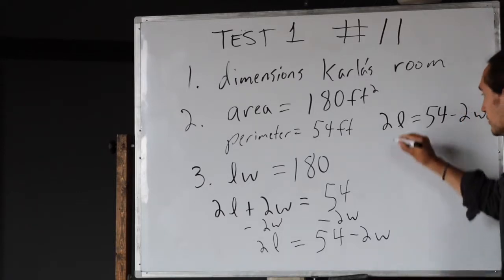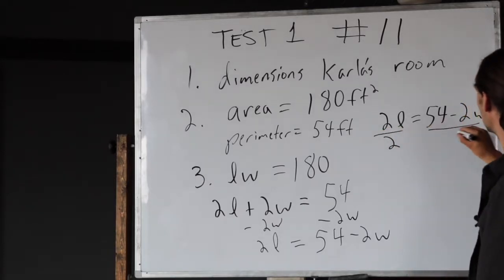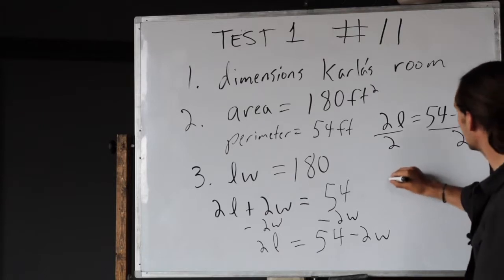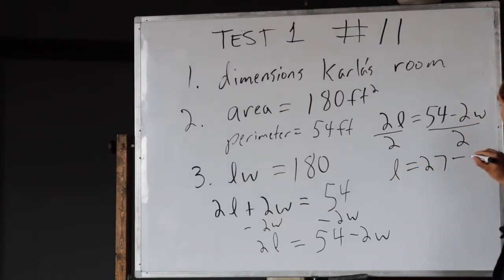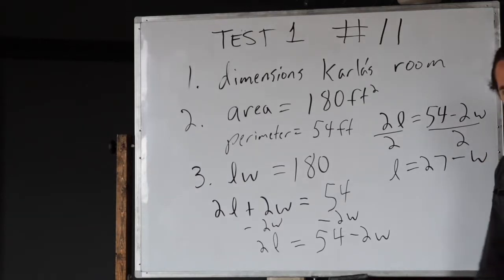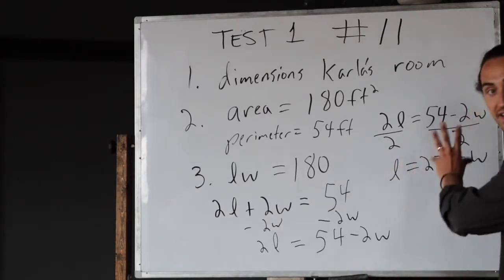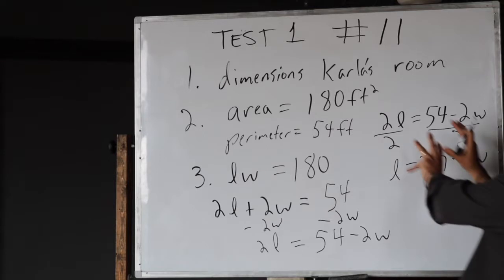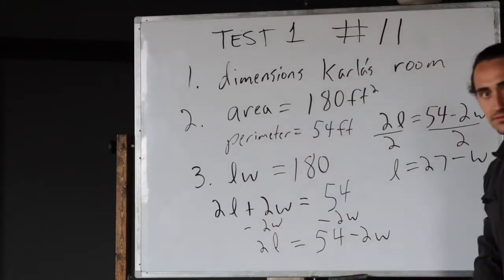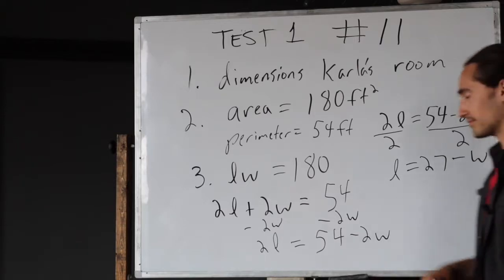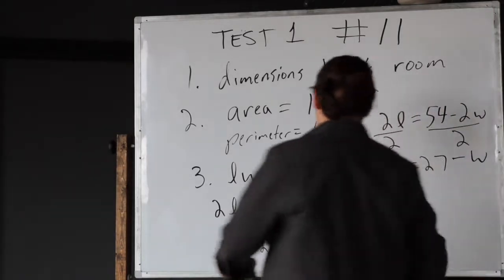Now we have to divide by 2. And we get L equals 27 minus W. Well, now that we know what L equals, we can take this and plug it back in to this equation. So let's do that and see what happens.